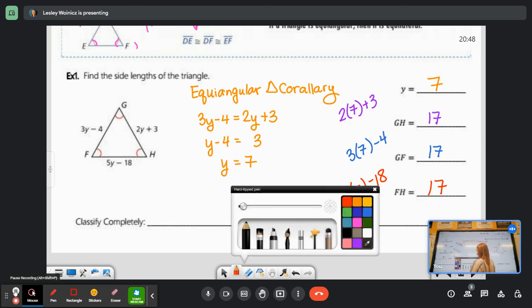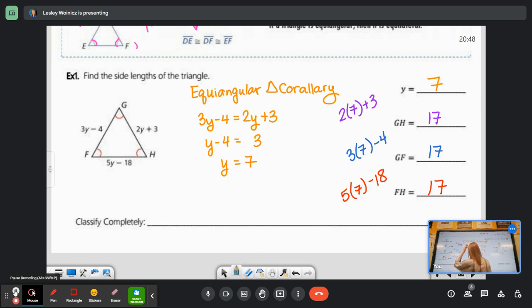So we know a whole bunch of stuff about this triangle. We started off knowing that it was equiangular. Because it was equiangular, because of this corollary, we were able to say that it is also equilateral.